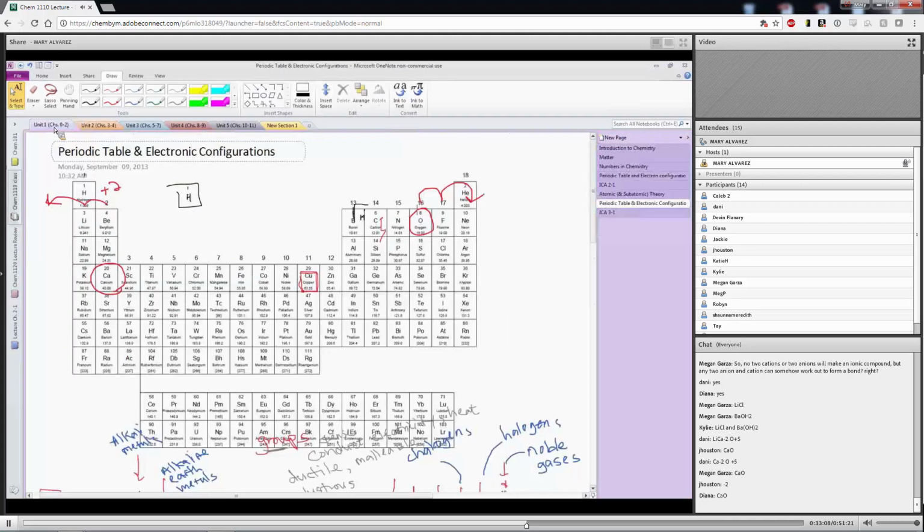You guys don't have your periodic tables in front of you. Let's see what we can find here. Anybody see magnesium out here?